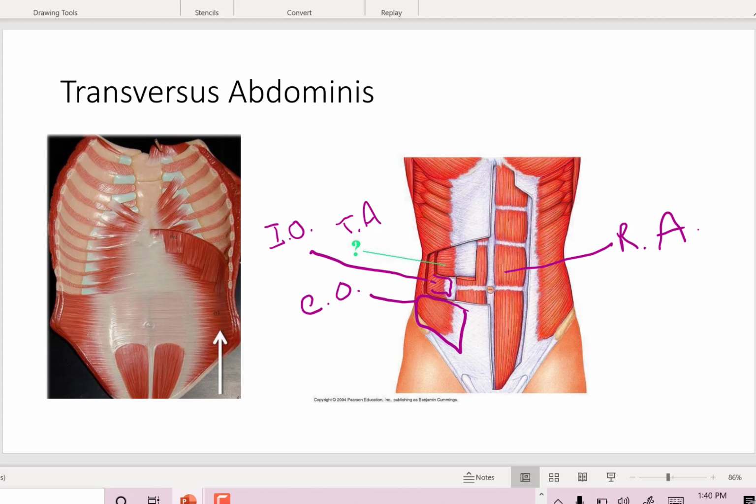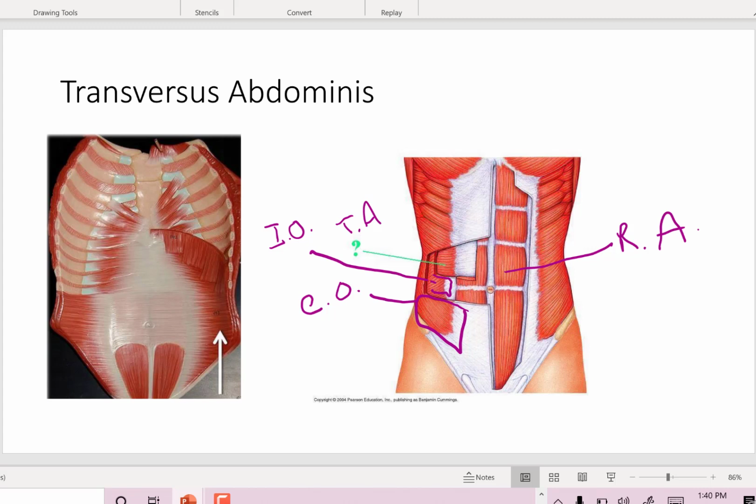There are 4 muscles of your abdominal region, the 4 muscles that I just covered, that are arranged in layers or sheets of 3. The external oblique is the most superficial. Deep to it, we find 2 muscles, the internal oblique and the rectus abdominis. The deepest muscle is your transversus abdominis.